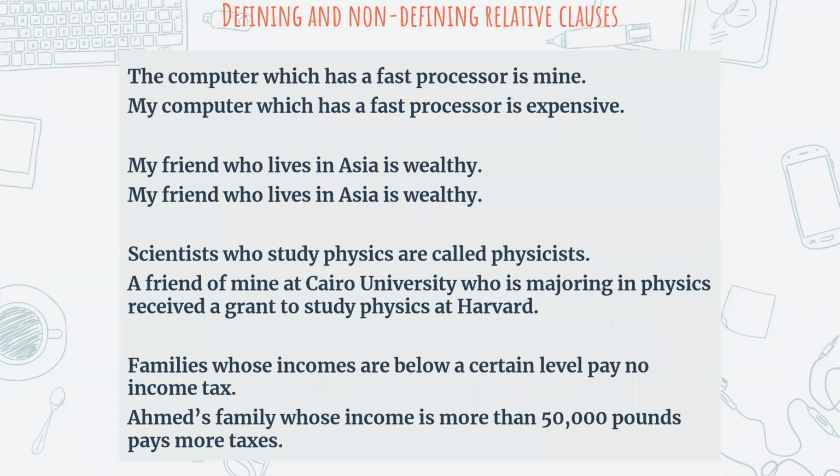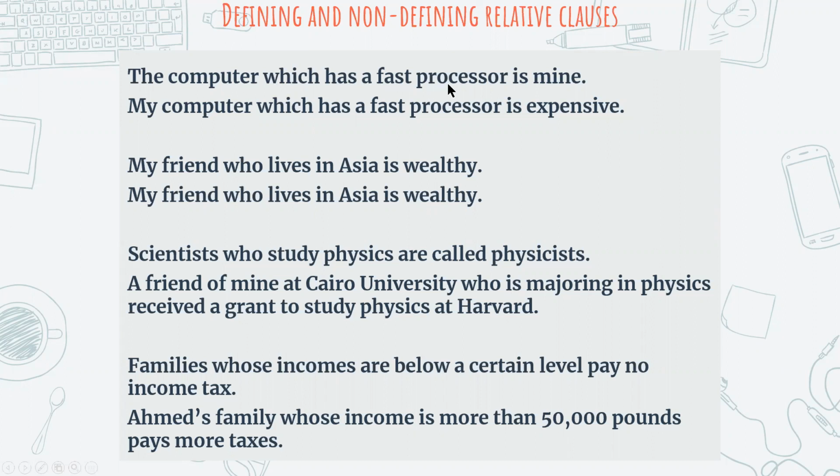It's like an adjective for the noun, but not an adjective as a word. It's a clause, so it's a clause that acts like an adjective. For example, I could say, the computer which has a fast processor is mine. The computer, it's like saying a fast computer, okay?